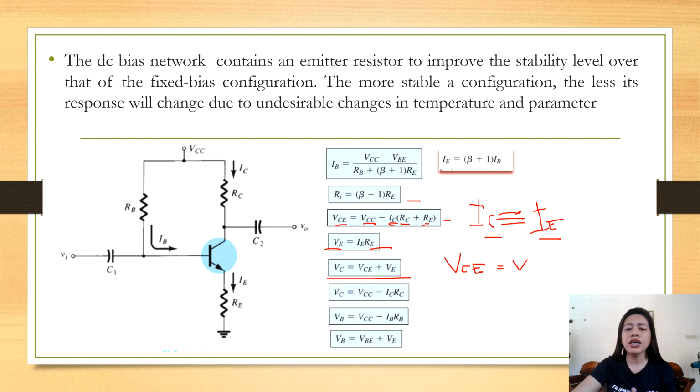So let's just say VC minus VE. The first subscript will be the one that is being divided to. So that's why it becomes VC minus VE. Since we are looking for VC, transforming the formula, that becomes VCE plus VE, because we are transferring the VE to the other side, so it becomes positive.